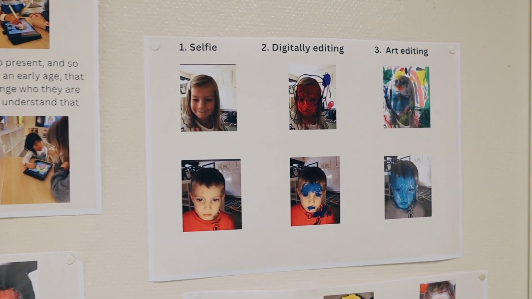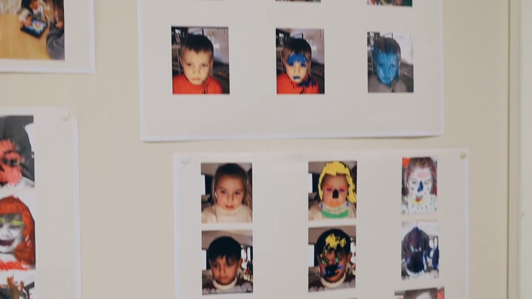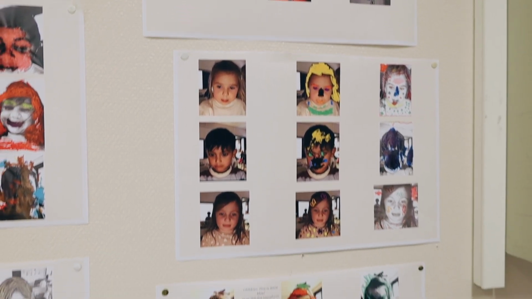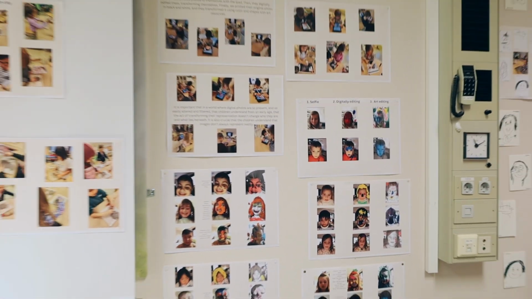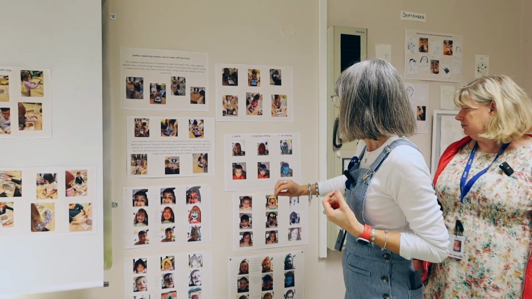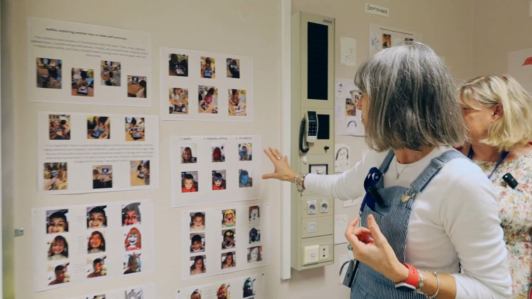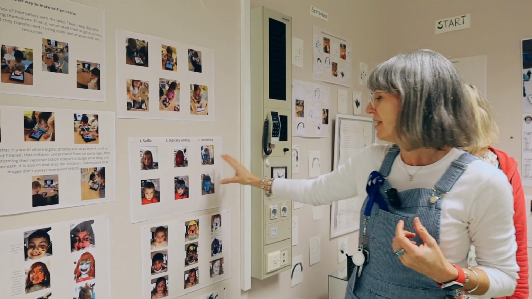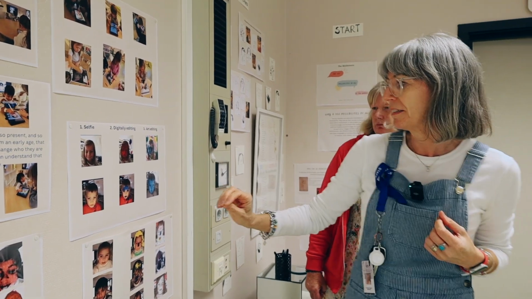We thought it would be very interesting to talk about pictures of yourself and images, because in our current world, images are everywhere. We would like them to understand that you can have a representation of yourself which is a little bit different to who you are. You can transform the representation of yourself, but it doesn't change who you are.